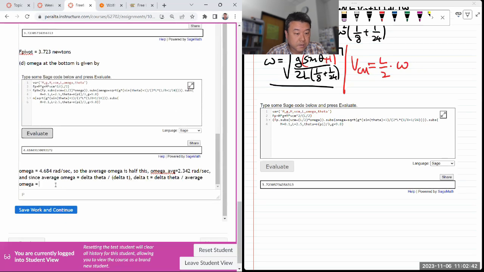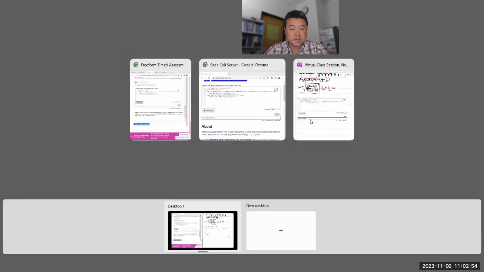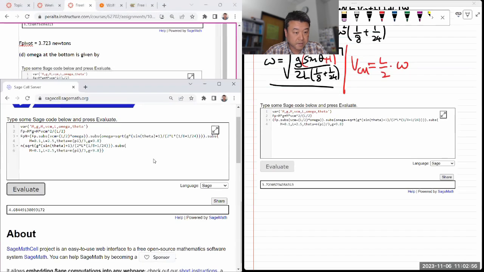So it'll be 5 over 3 pi divided by 2.342 radians per second, and I'll just do the calculation in Sage Math since everything's already set up here.